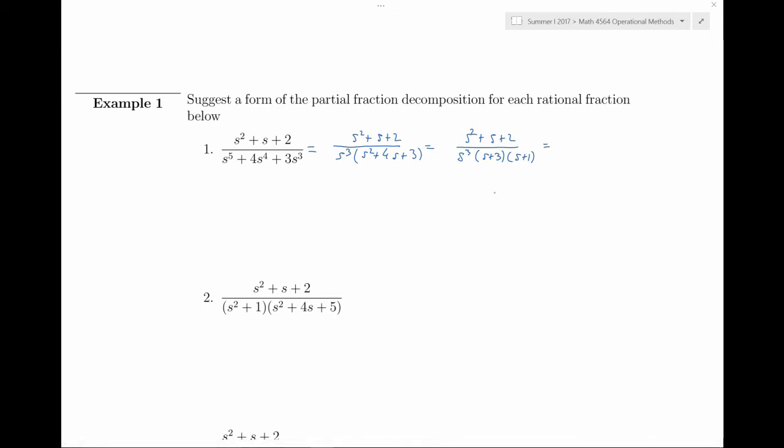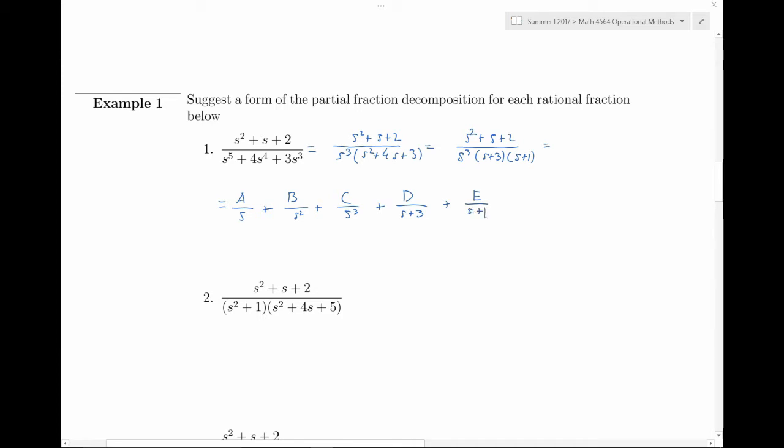3 for s cubed, 1 for s plus 3, 1 for s plus 1. S cubed is going to generate fractions with s, s squared, and s cubed in the bottom. S plus 3 and s plus 1 will have only one fraction for each.